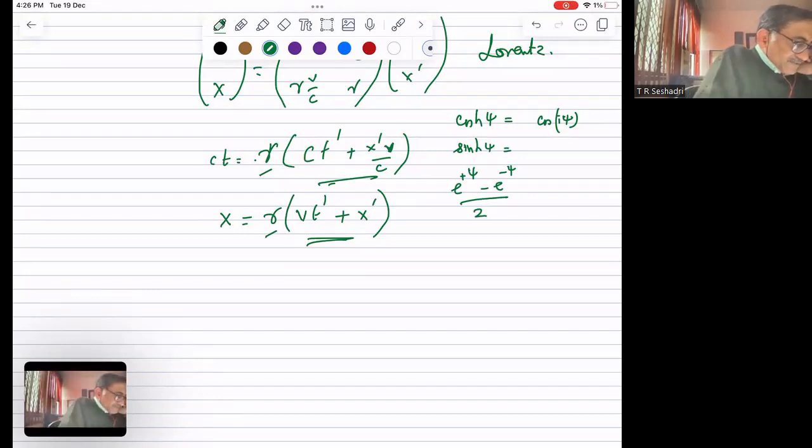And this is equal to e to the power i theta minus e to the power minus i theta, divided by 2.